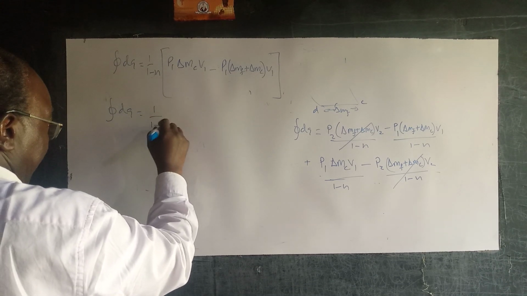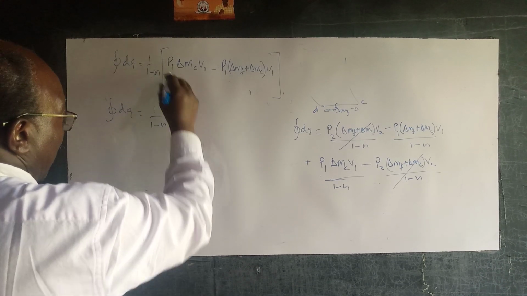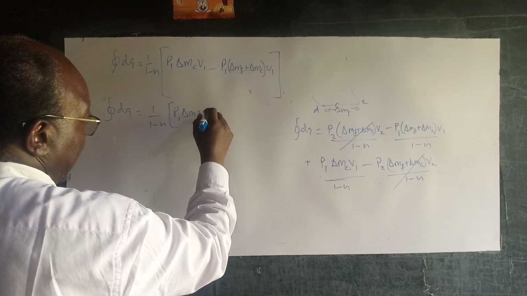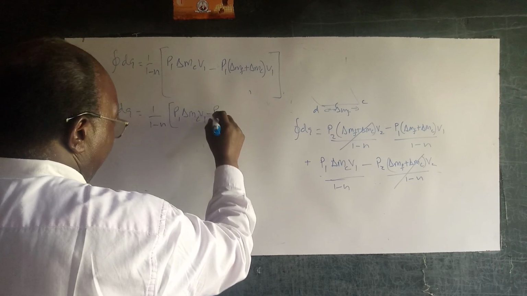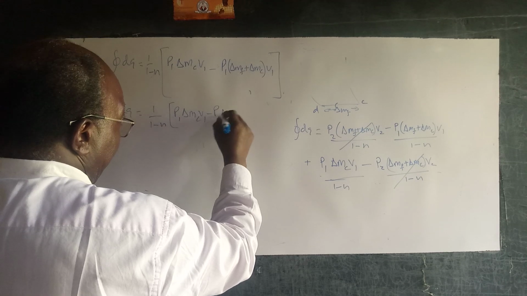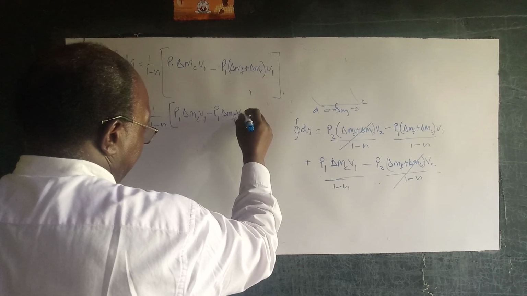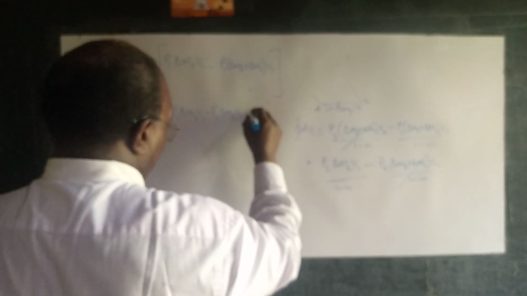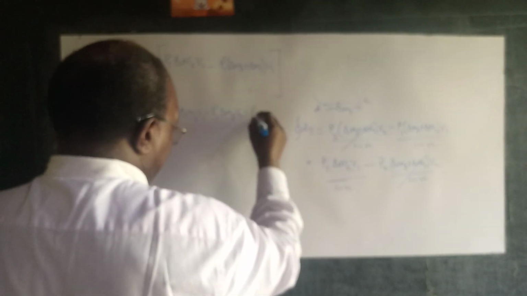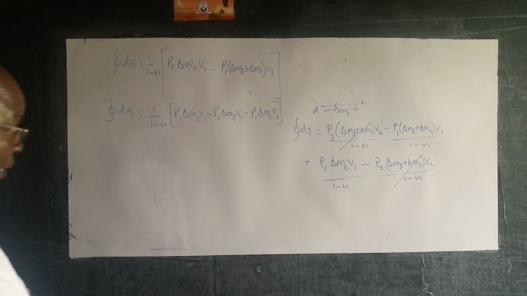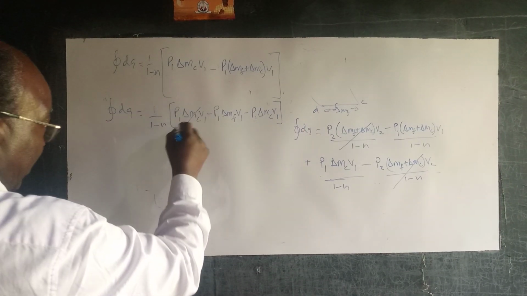1 over 1 minus n into P1 delta MCV1 minus P1 delta MFV1 minus P1 delta MCV1. So what are we left with here? It looks like that one also vanishes.